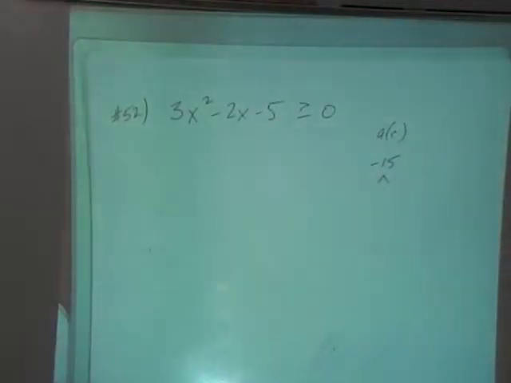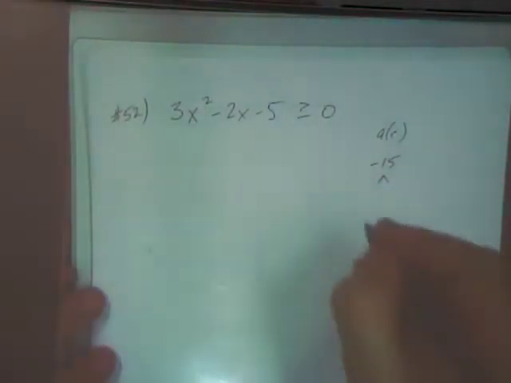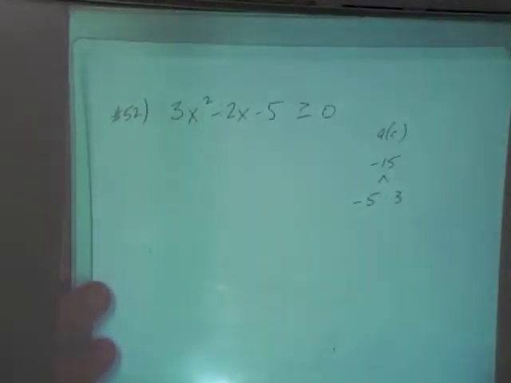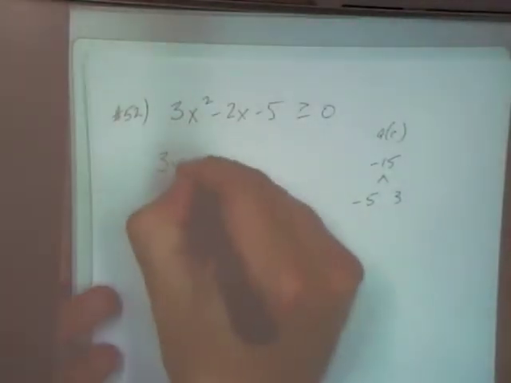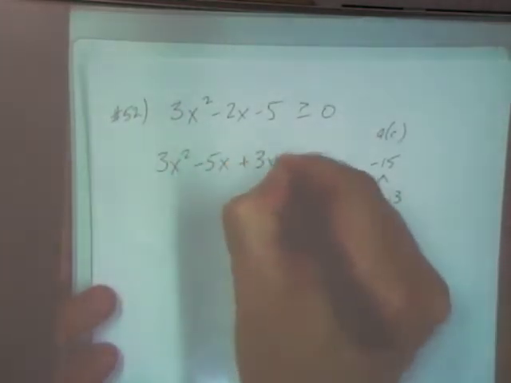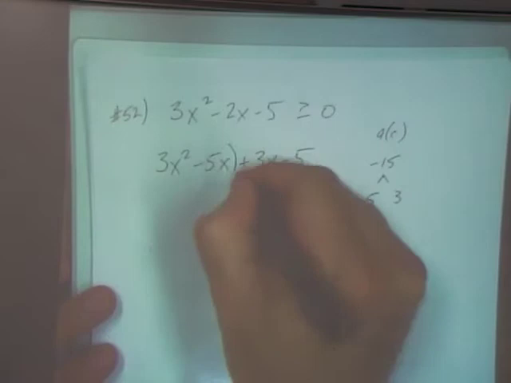Two numbers multiply to negative 15 but add up to negative 2: negative 5 and 3. Notice my A value is not equal to 1, so I gotta split the middle term. 3x squared minus 5x plus 3x minus 5. I'm going to group it by 2's.